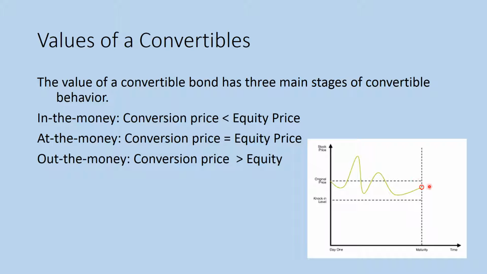And here you can see that if we look at the original price here, at the stock price, this is the at the money, and then here is right above the knock-in level.